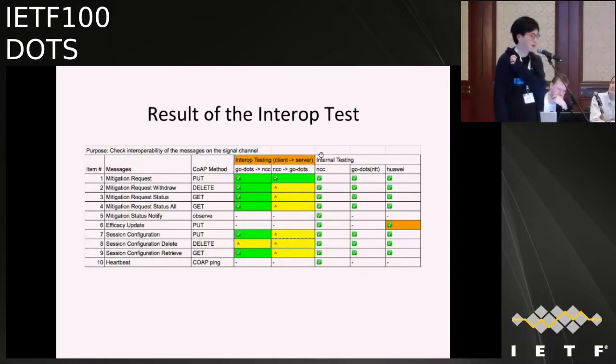So we tested the Go client against NCC's server, and also NCC's client against the Go server. Due to the time limitation, we couldn't conduct all of the tests, but we are continuing to do those tests even after the hackathon.